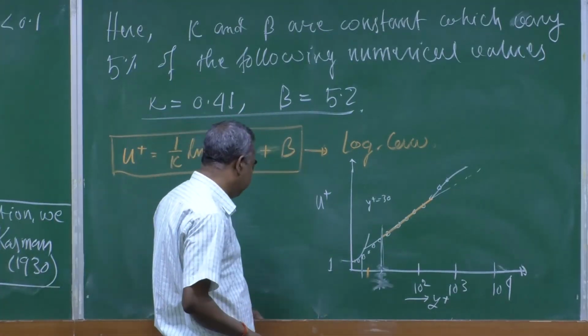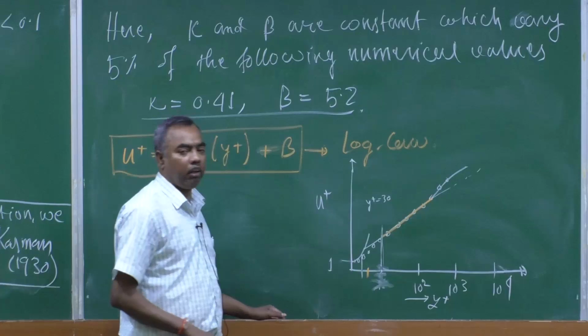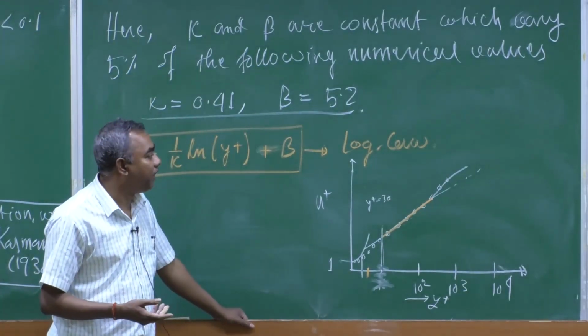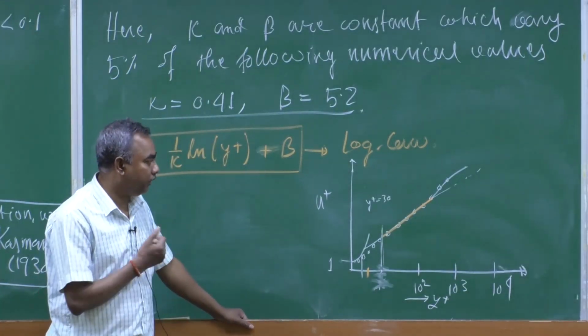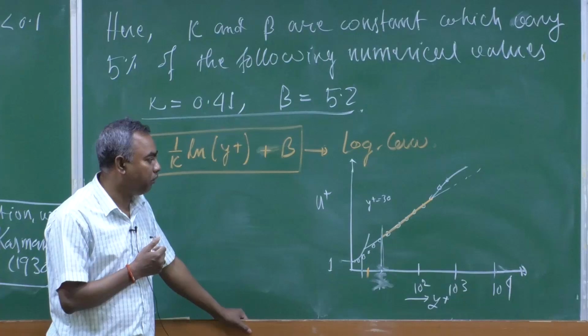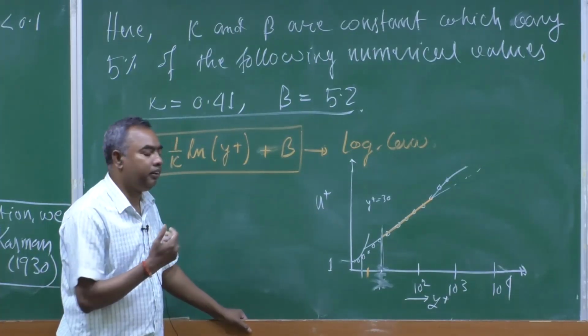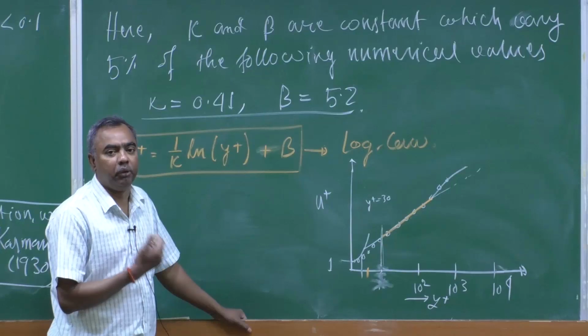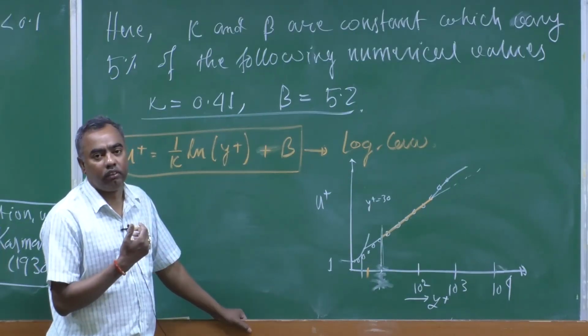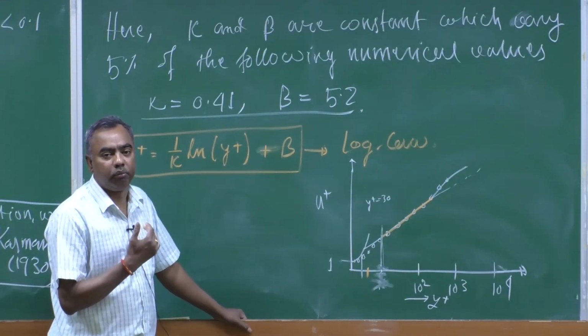Now, we have already discussed some of the layers. So, basically in wall bounded turbulent flows, very close to the wall, we find various layers within which various laws or various velocity profiles are found.